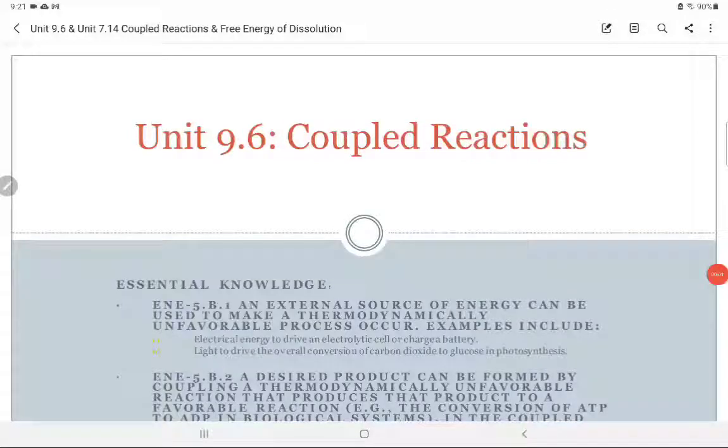Okay, in this lesson today, we're going to mostly practice things that we've learned previously, and also we're going to throw in a unit from Unit 7, though I think it goes more with Unit 9.